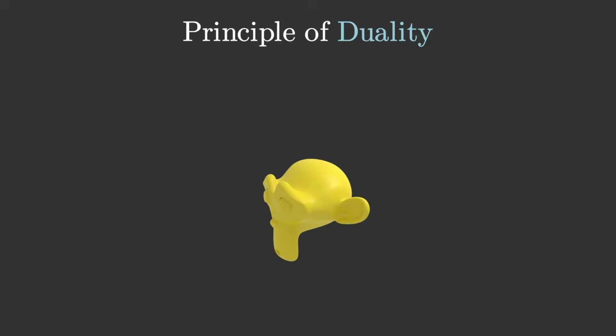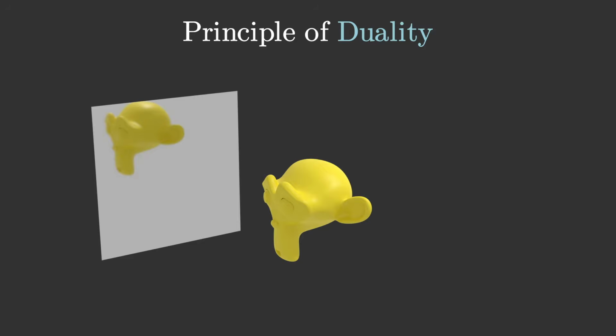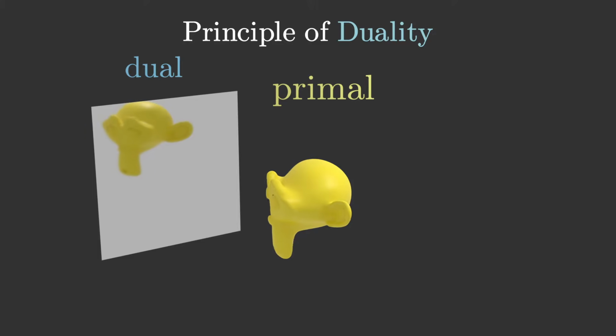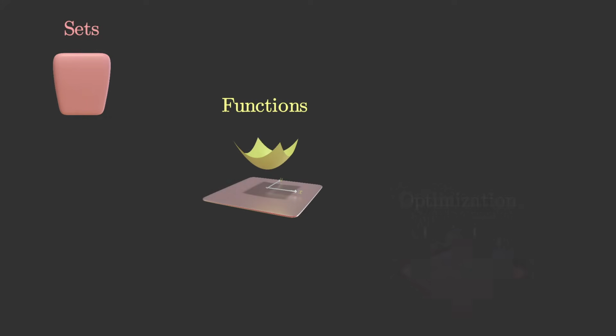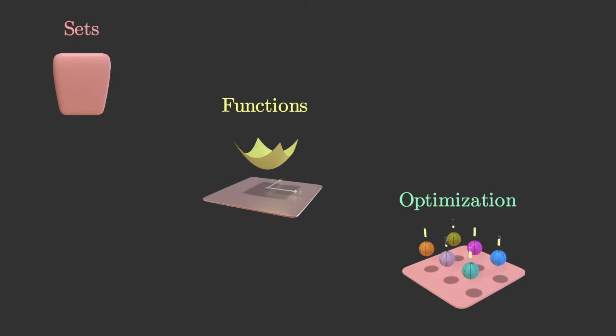Duality is the ability to view a mathematical concept from two different perspectives, a primal one and a dual one. Let's be more concrete and see what duality means in the three contexts where convexity appears: sets, functions, and optimization problems. Let's start with convex sets.